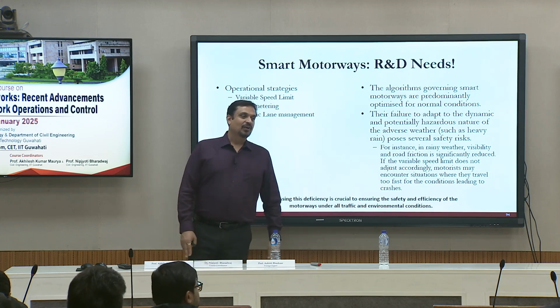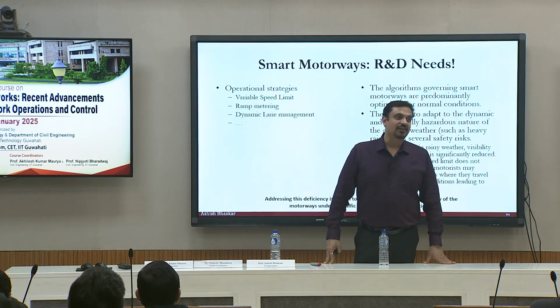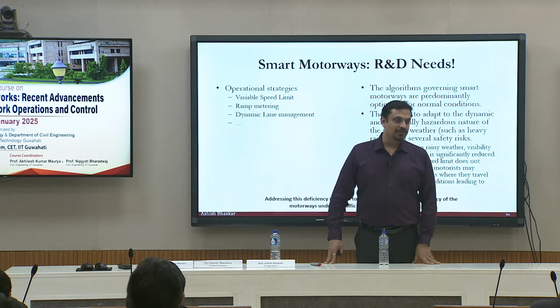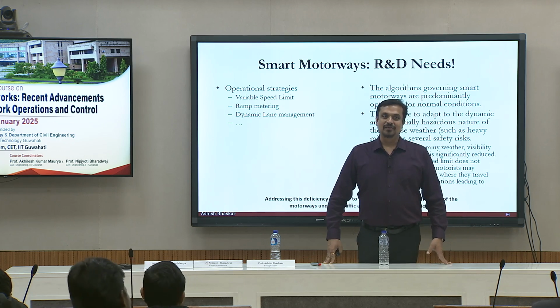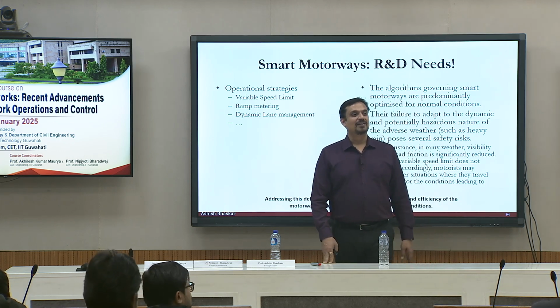So the compliance, yes, I agree. The compliance rates are quite different at different places. India might have a very low compliance rate, but that's where enforcement plays a very important role. Here in Australia, they are doing enforcement.